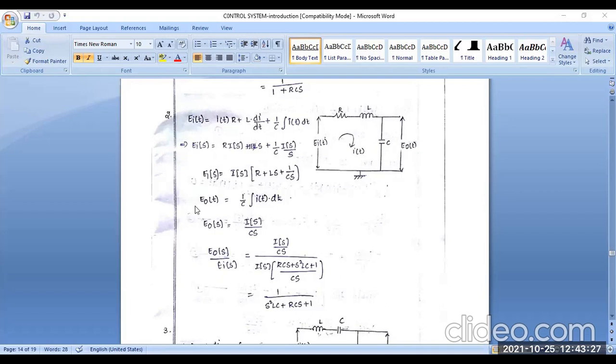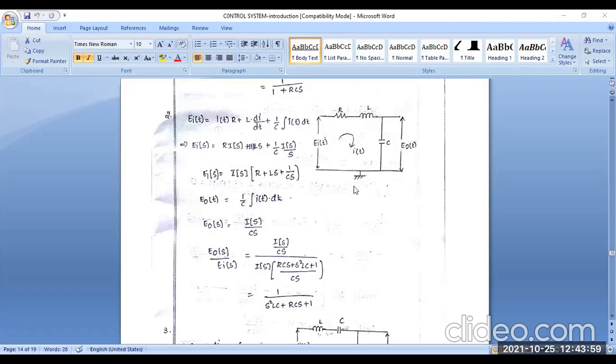Next, I(s) is the common part, so E_i(s) equals I(s) times R plus LS plus 1 by CS. Clear? So this is the input equation after the Laplace transform of the given RLC circuit. Is it clear to all of you? Please respond, anyone. Yes, yes.